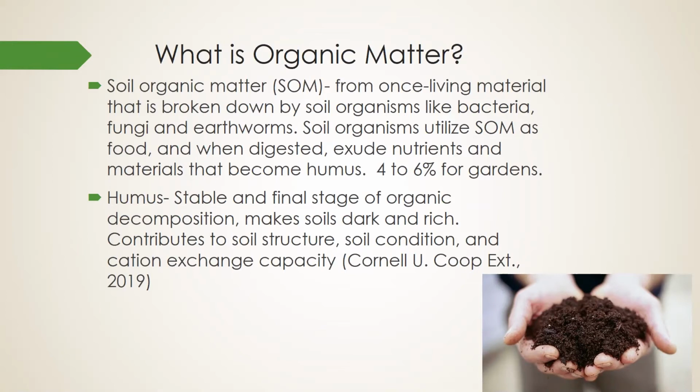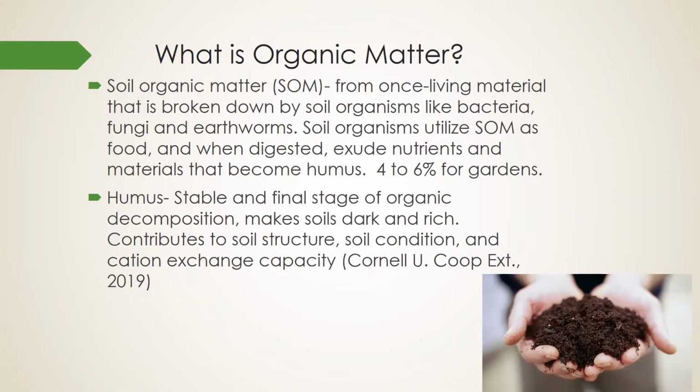So soil organic matter is formed from the once living parts of living material that is broken down by the living component of soil, the soil organisms, and that's bacteria, fungi, earthworms, amoebas, nematodes, all of these other microbial activity. And soil organisms utilize this organic matter as a food source.